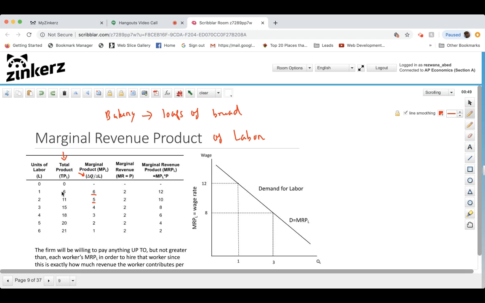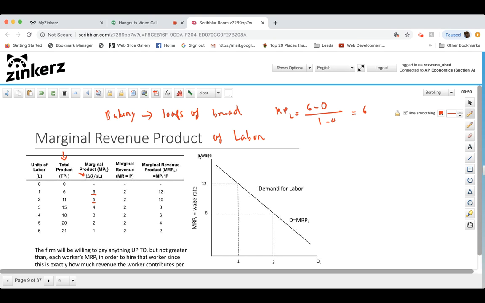For the first worker, we just do this, right? The first worker can produce 6 total product, so you would do 6 minus 0, the total product when you hadn't hired any workers, divided by 1, since the change in labor was going from 0 to 1, which is 1 minus 0.